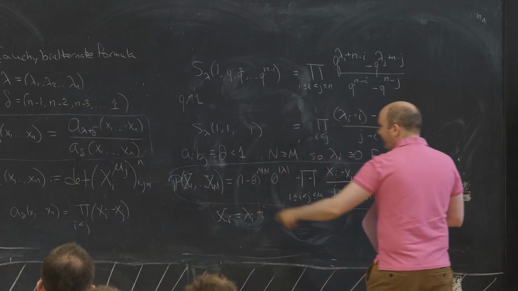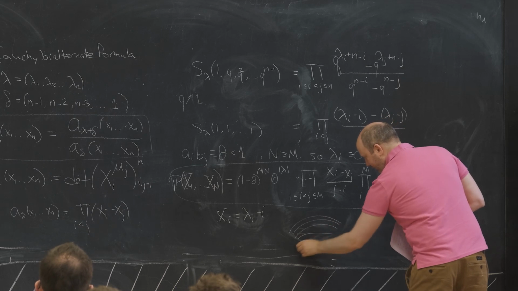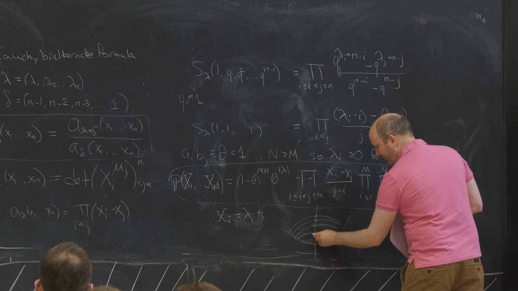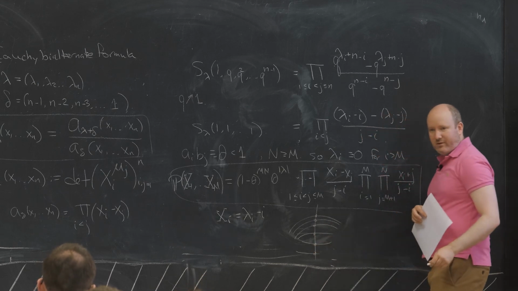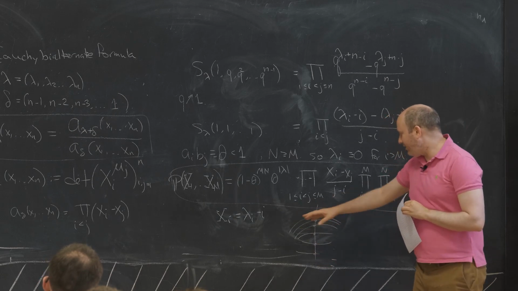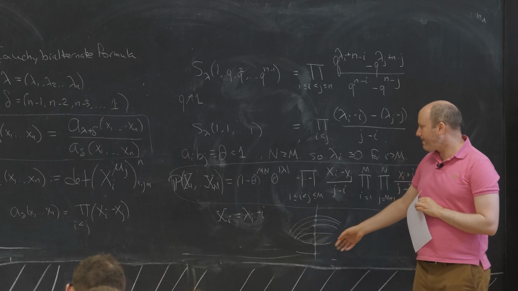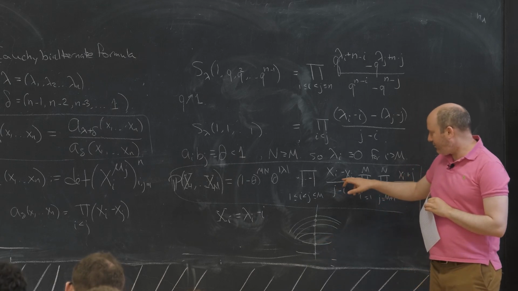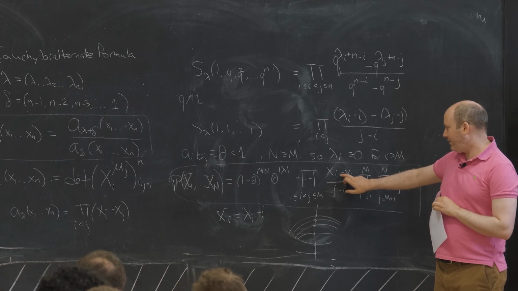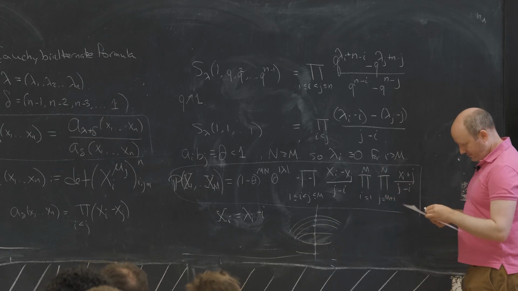So these capital X's are really, when I had my picture of these curves, I cut my curve and look at the intersection points. These are the X's. So this is the point process of where my collection of non-intersecting geometric paths intersect with some axis in the middle. And you see that it has a very nice form. This is a Vandermonde determinant.